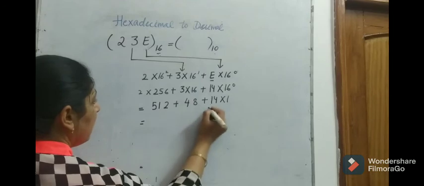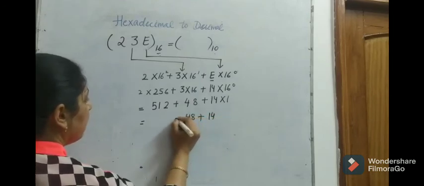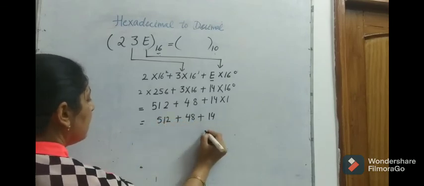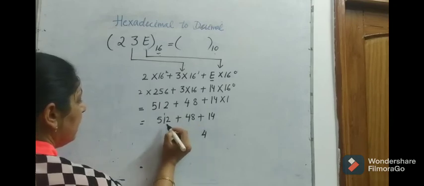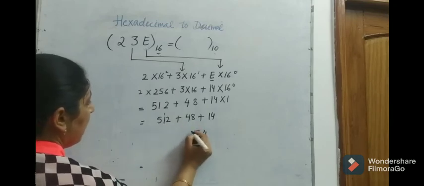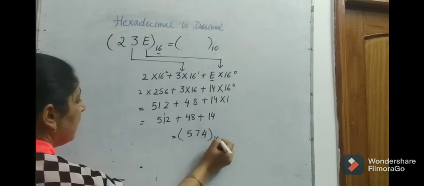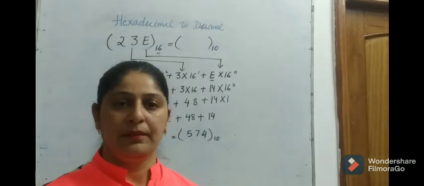So 14 plus 48 plus 512. 2 plus 8, 10. 10 plus 4, 14. 1 carry. 4 plus 1, 5 and 1, 6 and 1, 7. And here it's 574. This is my decimal number conversion for the hexadecimal number.